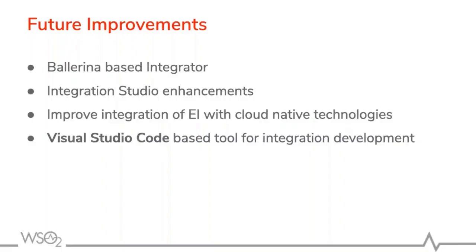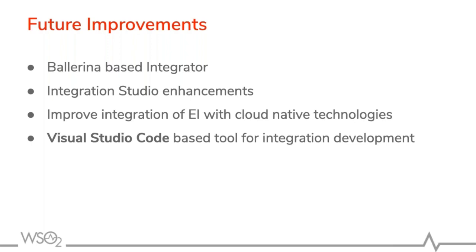So if we go through the future improvements, we are planning to introduce an integrator based on Ballerina, which is a code-based integration development language. And then we are planning to continue on enhancing the integration studio. We are planning to introduce a testing framework.